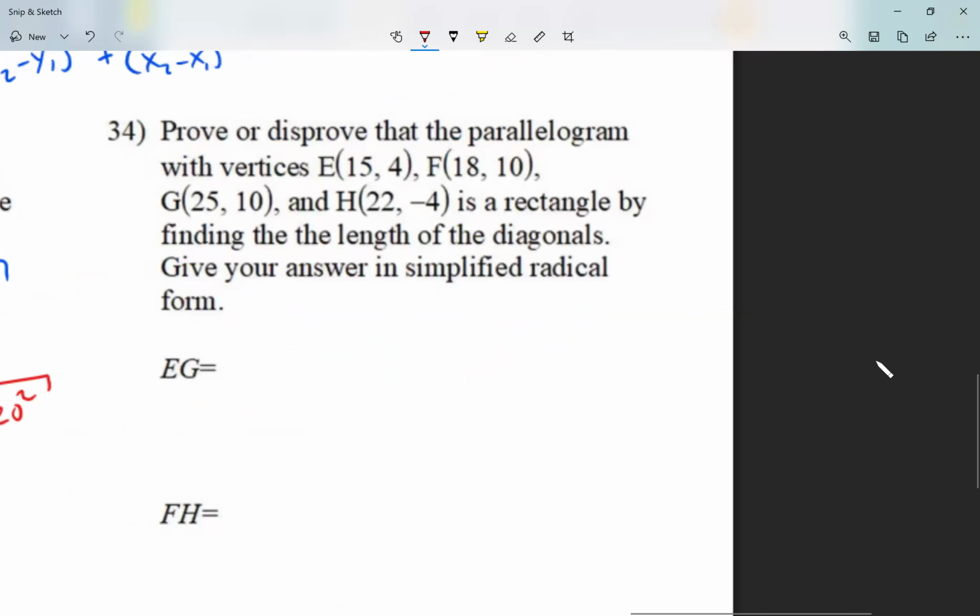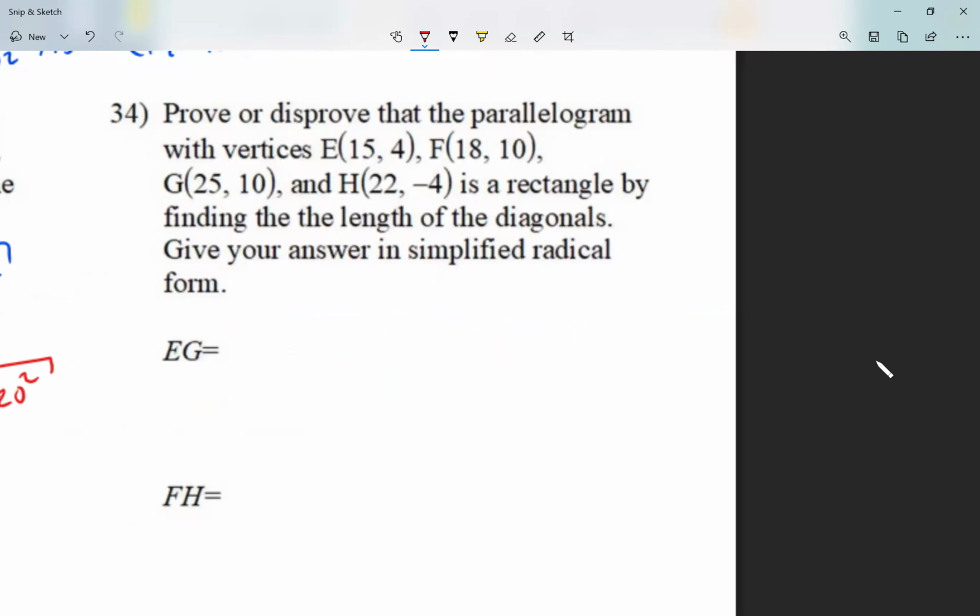Take a look at number 34 here. I'm going to keep this in red. I'm looking at the distance EG. So I'm looking at E and G. I'm using the coordinates of E and G. So first I have to subtract the y's, right? So 10 minus 4 all squared.